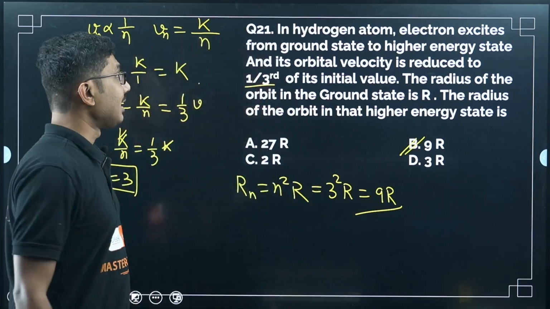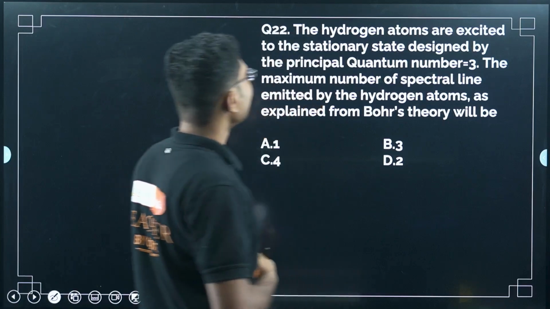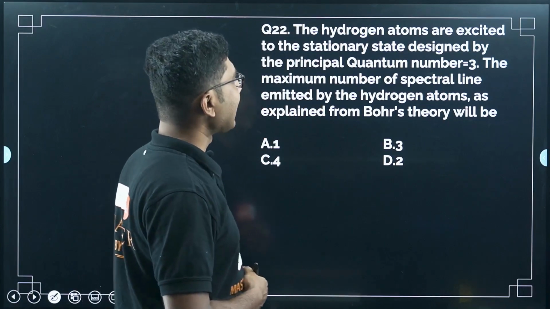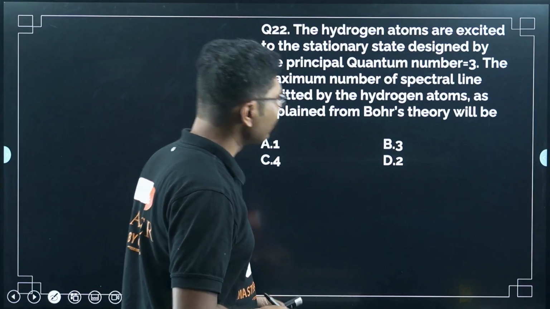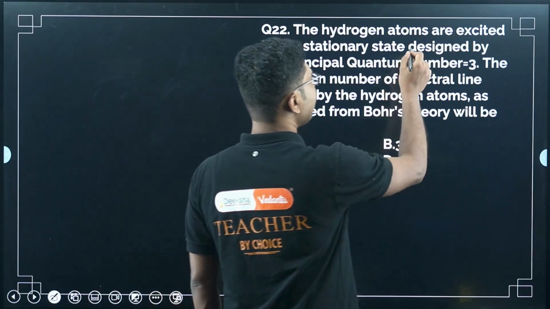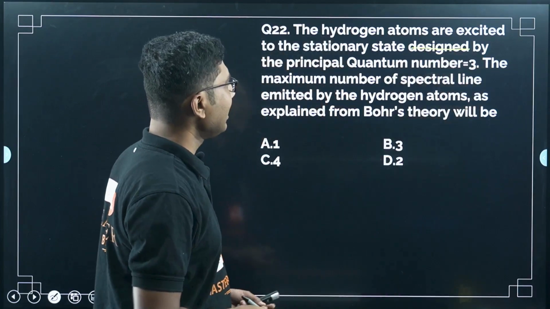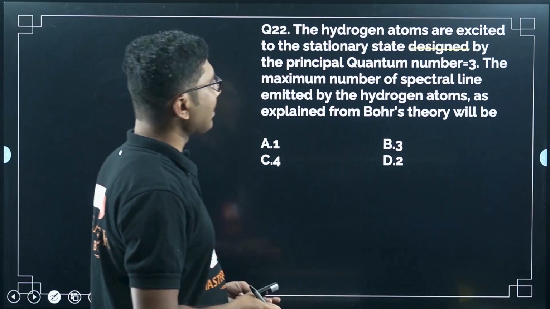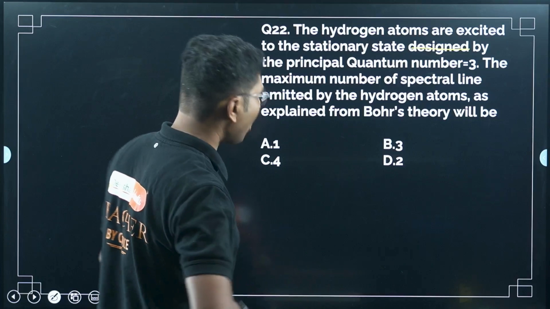Now the hydrogen atoms are excited to the stationary state designated by the principal quantum number equal to 3. It is not designed, it will be designated by. What is the maximum number of spectral lines emitted by the hydrogen atom as explained from Bohr's theory?